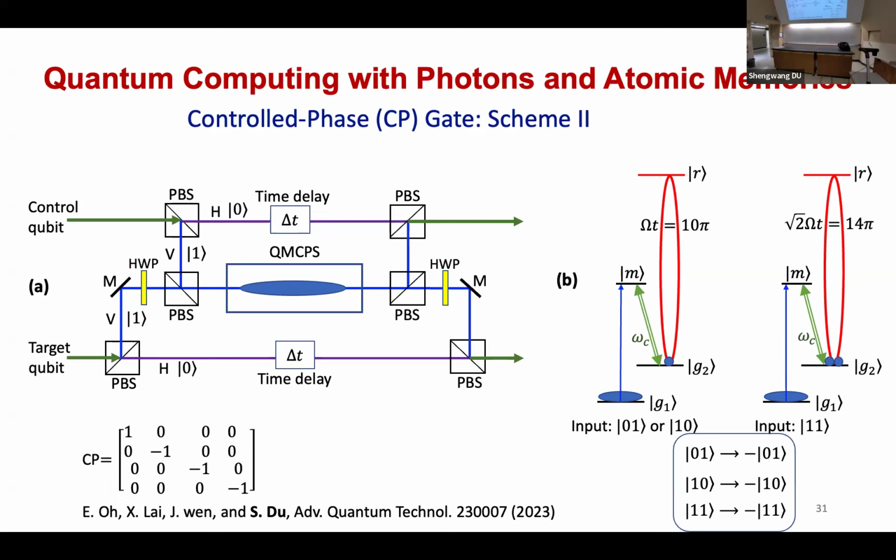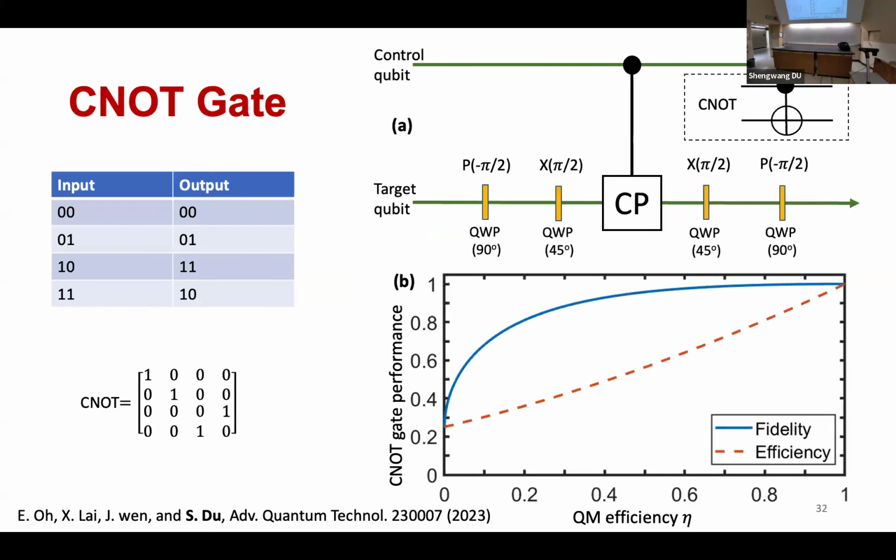And there's another scheme, I will not go into the details, that can also help realize the same operation. Once we have that, we call this a CP gate. Mostly if you look at a textbook or the wiki, you need the C-NOT gate, the analog of the NOT gate in the classical computer.